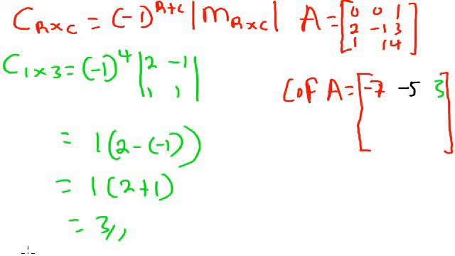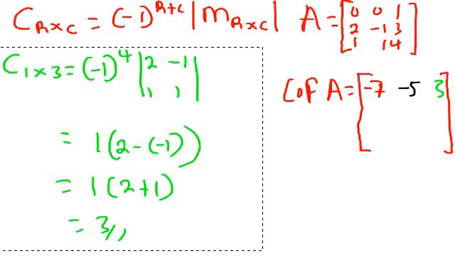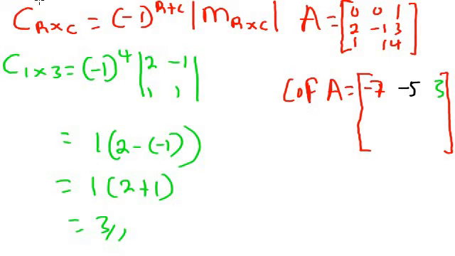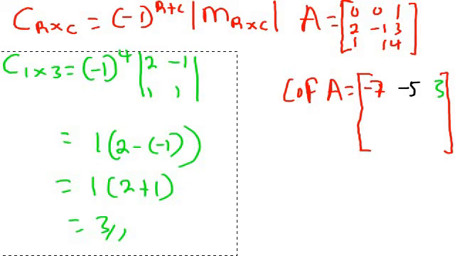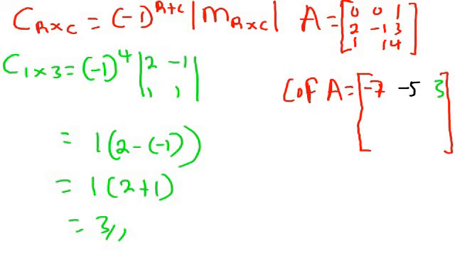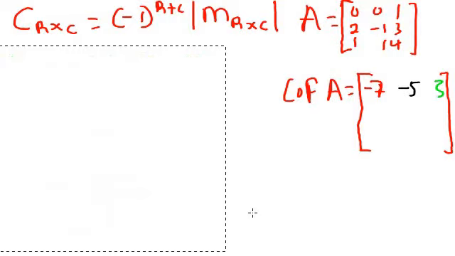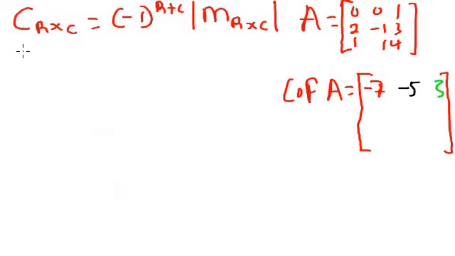Now, the element in the second row, first column. So we are considering the cofactor.